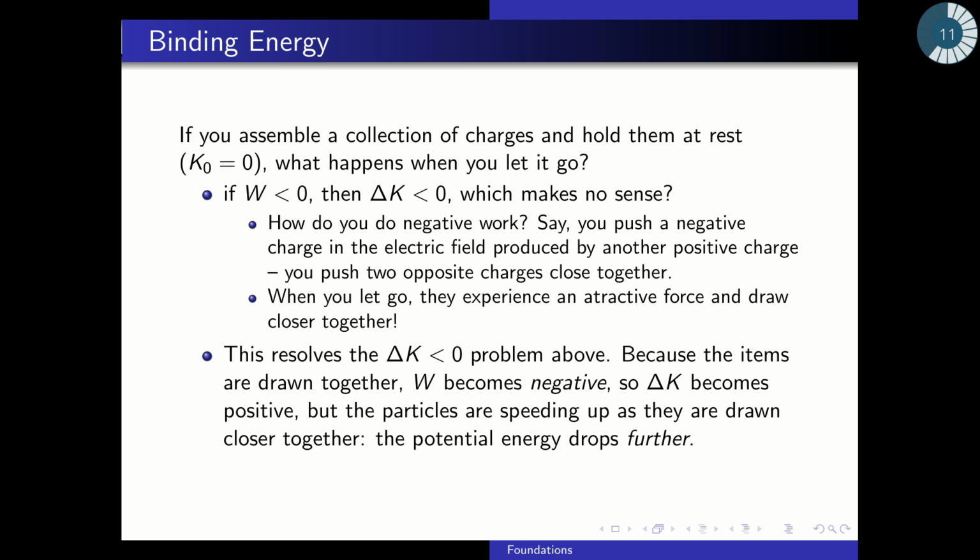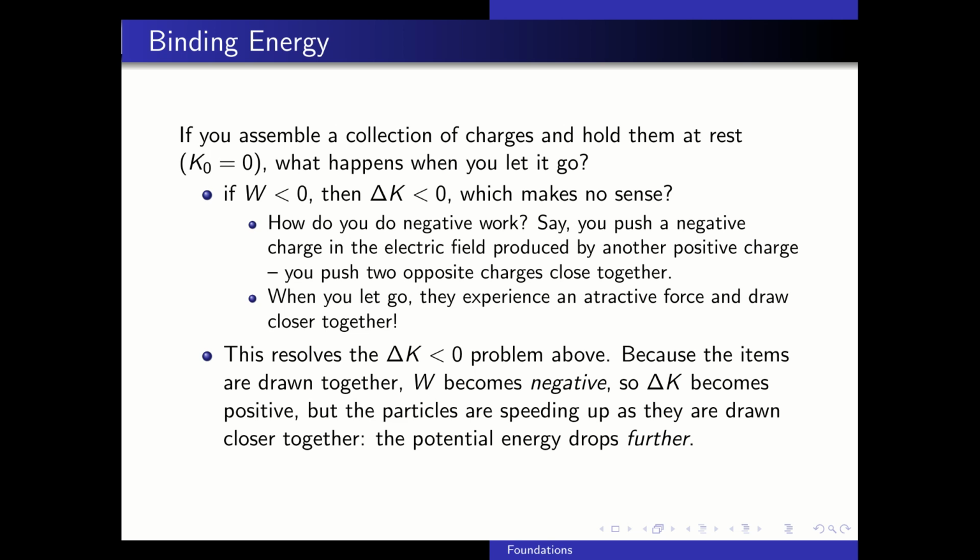On the other hand, if the total work done is negative, what happens? All right, total work done being negative means that we've had to exert a force opposite the direction of the displacement. So imagine bringing a positive charge close to a negative charge. We know that they attract one another.